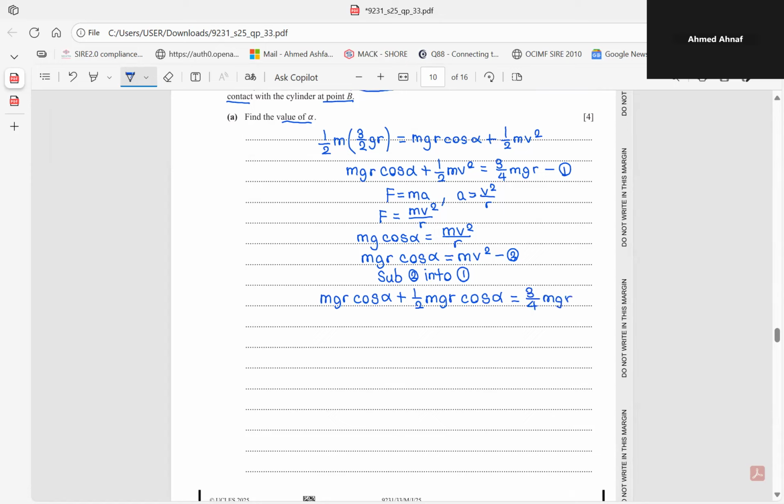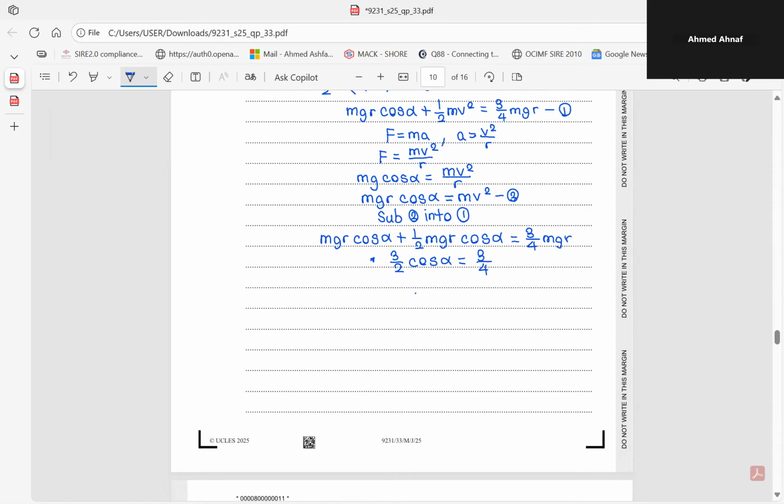So now we're going to factor out mgr and cancel it out. So you just get cosine alpha plus half cosine alpha, you get 3 over 2 cosine alpha. And this is equal to 3 over 4. And then cosine alpha, you'll just get 3 over 4 times 2 over 3, which should give you half.